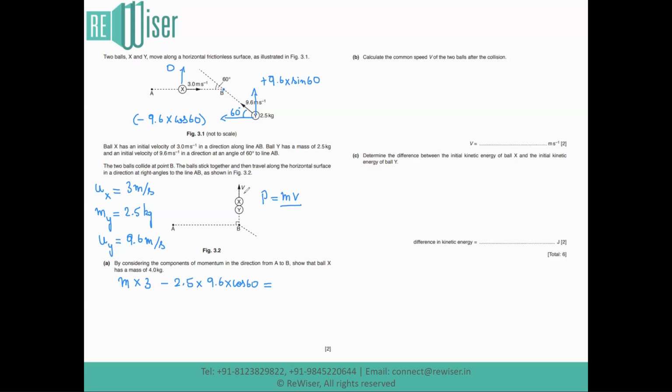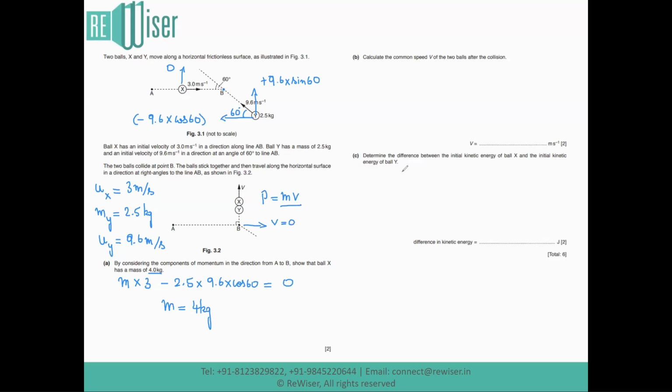After the collision, we understand that they are projected vertically, which means horizontally the velocities are 0, or the entire momentum is 0. And here, everything is a known value or a constant except M. When simplified, we get the value of M to be exactly 4 kilogram as asked in the question. Moving on to the next part.